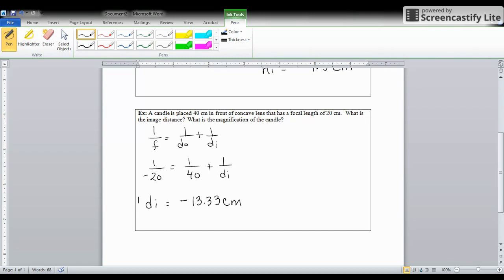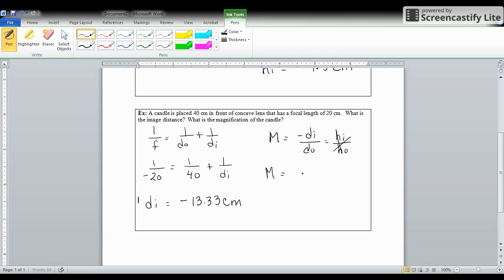All right, the second question says, what is the magnification of the candle? So again, remember magnification equals negative di over do equals hi over ho. Since we are not given any of the heights, object or image, we can't use this part, so we're just going to use this portion here to calculate magnification.